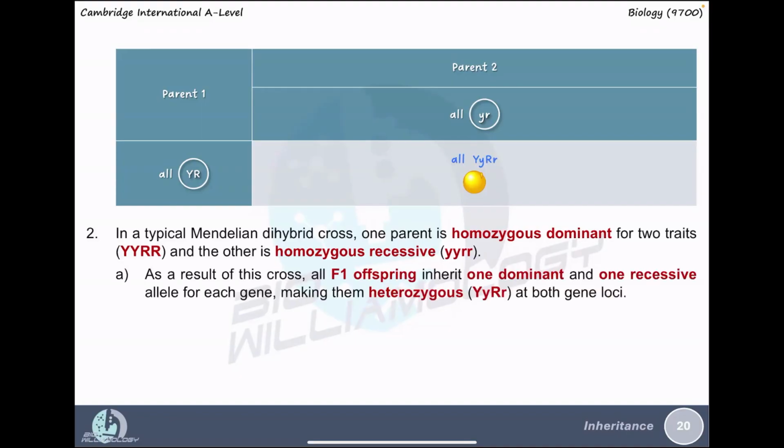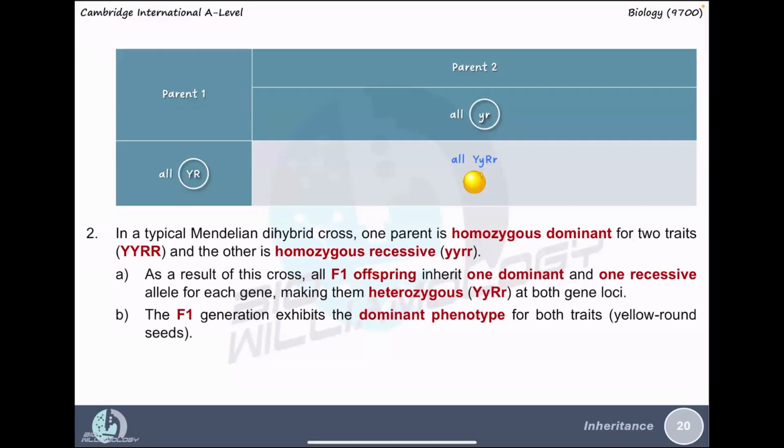As a result of this cross, all F1 offspring inherit one dominant allele and one recessive allele for each gene, making them heterozygous at both gene loci. So the F1 generation exhibits the dominant phenotypes for both traits, yellow and round.